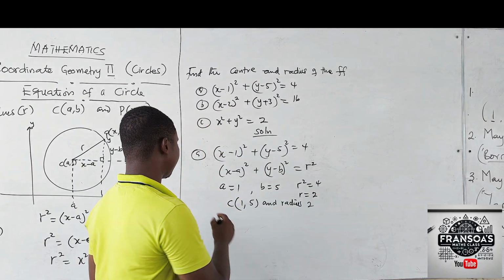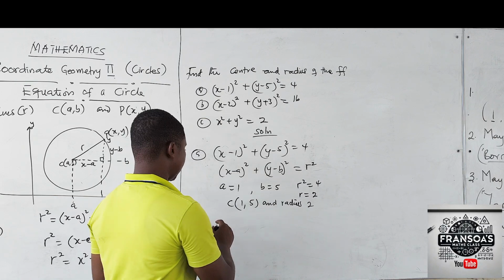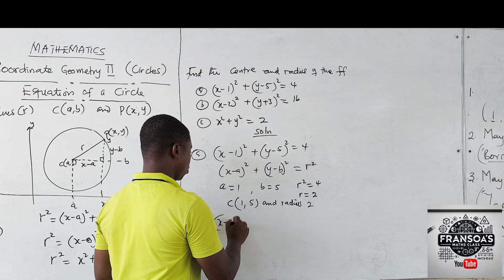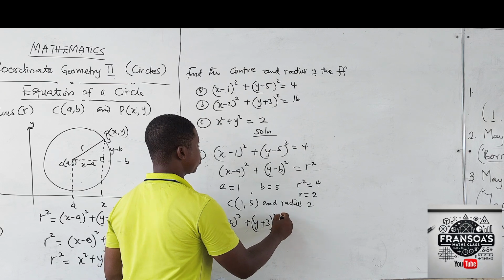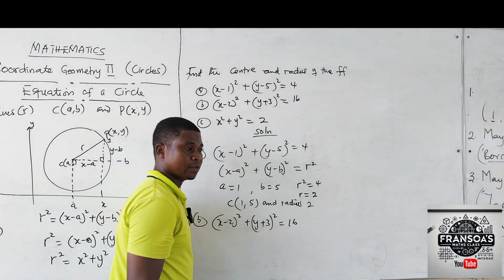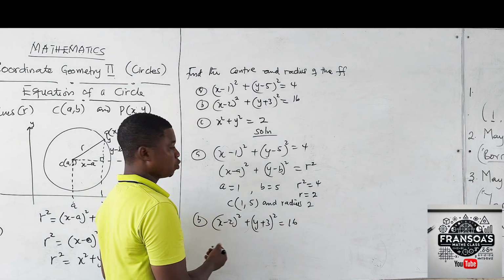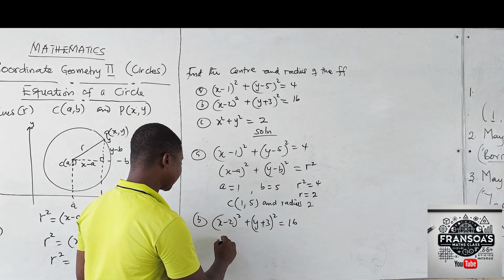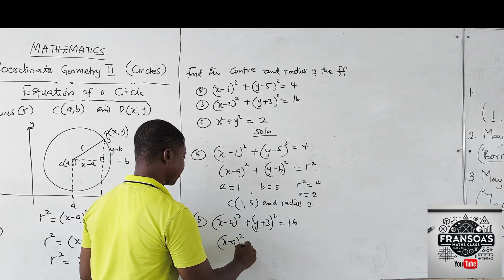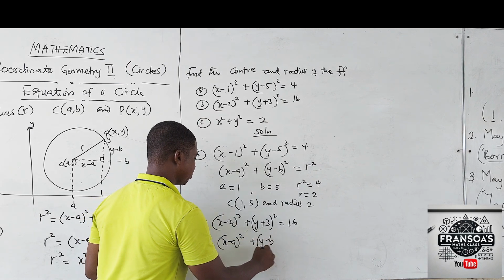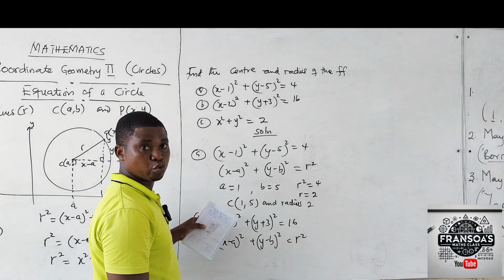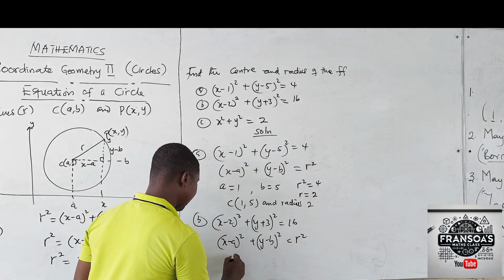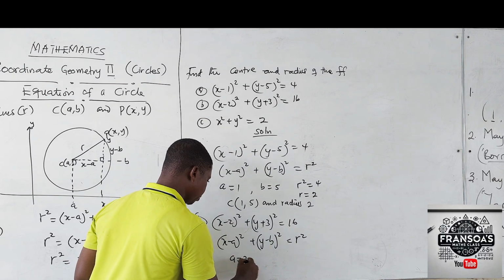Now if you look at the second one, B, (x minus 2) all squared plus (y plus 3) all squared is equal to 16. The same way, we write the equation, (x minus a) all squared plus (y minus b) all squared is equal to r squared. Comparing the two equations, our a is equal to 2.